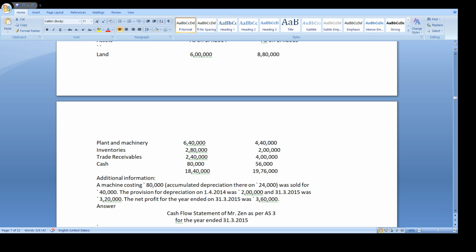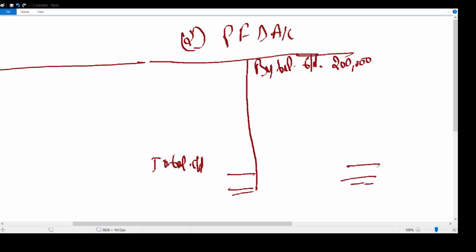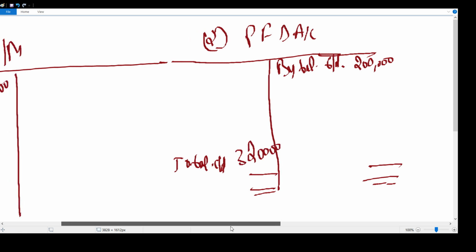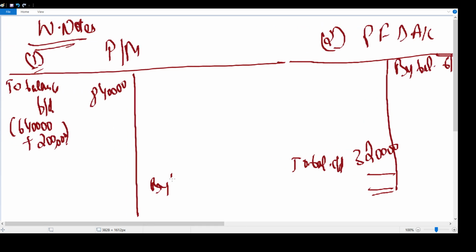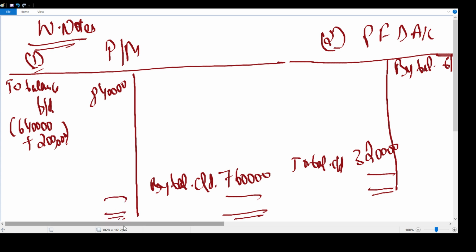Okay, 3 lakh 20,000 here and by balance carried down 320 plus 440. 320 and 440. 7 lakh 60,000. 7 lakh 60,000.